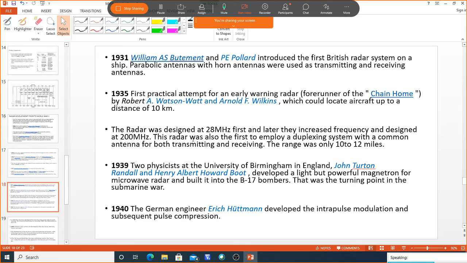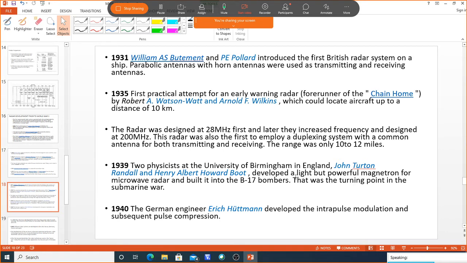Okay, later in 1939, the University of Birmingham in England developed the radar with the usage of a powerful magnetron, at microwave frequency, to locate the B-17 bombers. So in order to locate the bombers, they designed a radar system with a powerful magnetron.